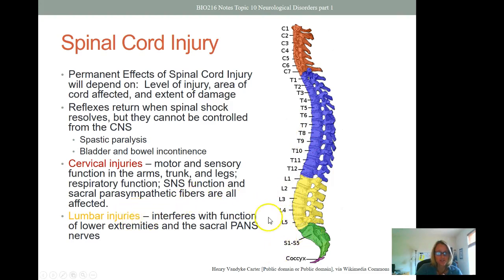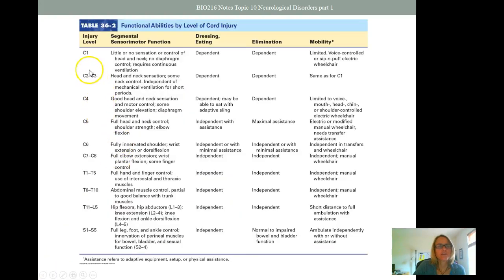Lumbar injuries, so way down here, are going to interfere with function of just the lower extremities and the sacral parasympathetic nerves.